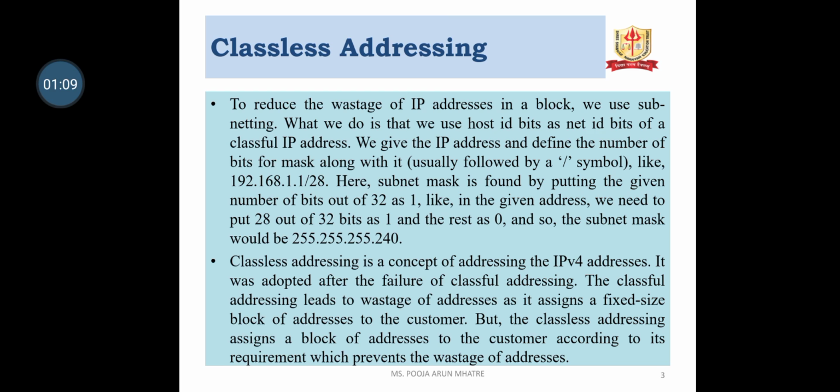Here a subnet mask is found by putting the given number of bits out of 32 as a 1. Like in the given address, we need to put 28 out of 32 bits as 1 and the rest as 0, and so the subnet mask will be 255.255.255.240.